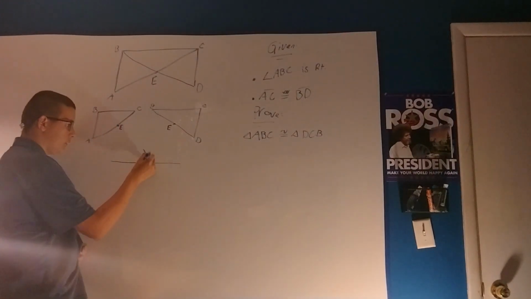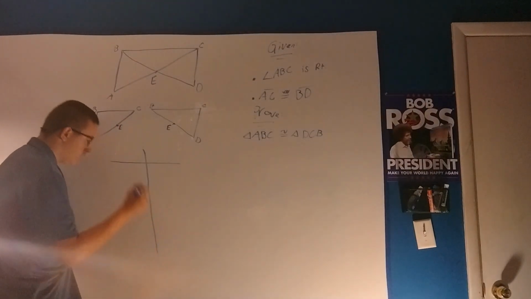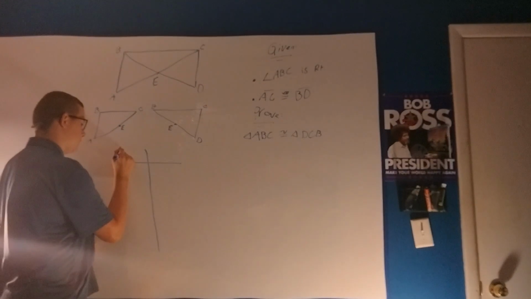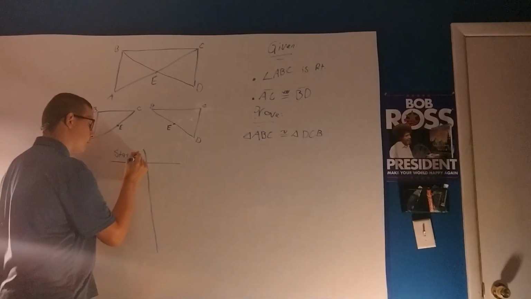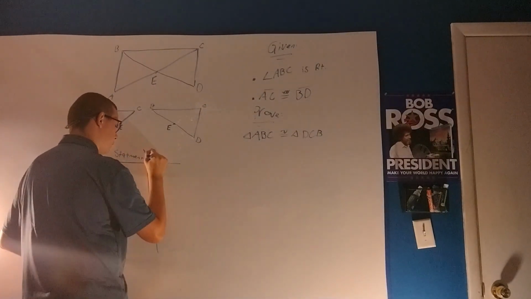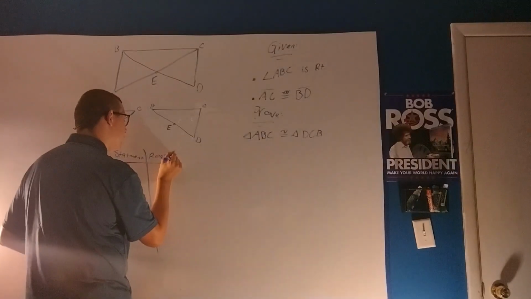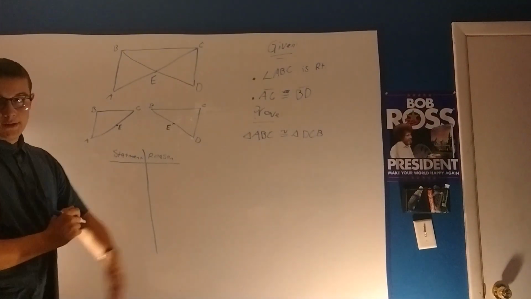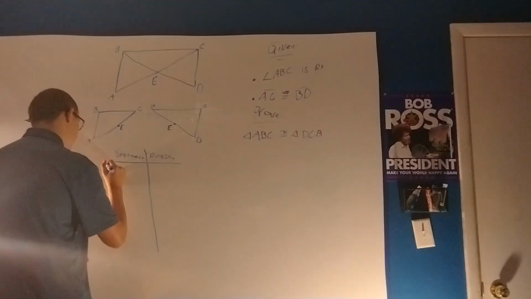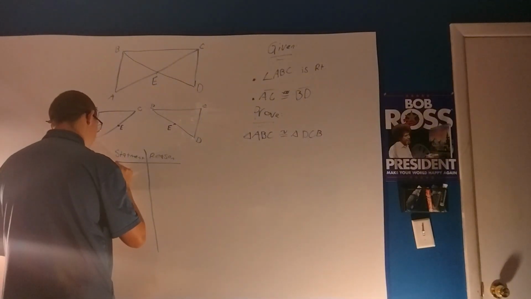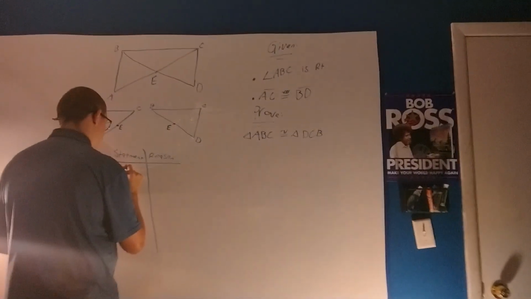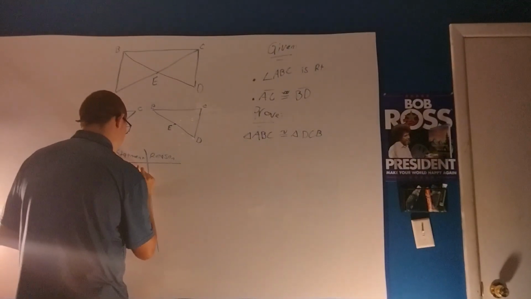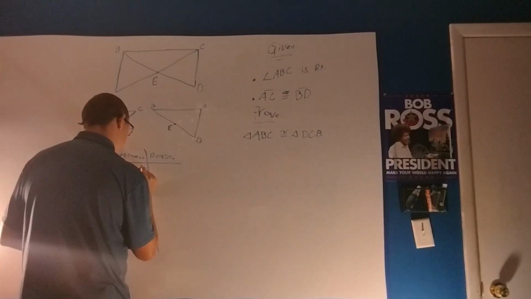And then right here, I'll draw our table chart thing, two column proof, statement and reason, like that. So first, again, I'm going to write out our givens. So angle A, B, C is right.